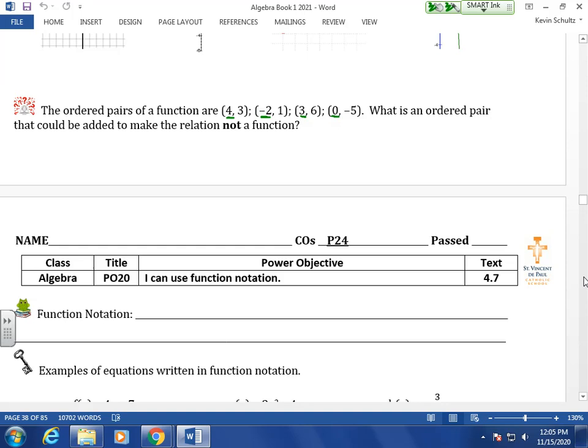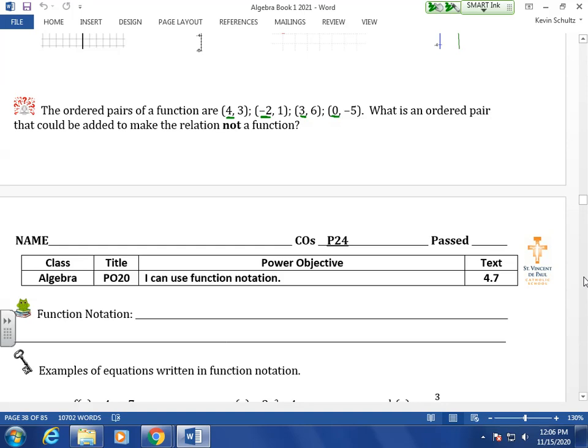Y can, and then we got into that great example of the birthdays, how we said that it's okay for different people to be born on the same day, okay, but it's not okay for the same person to be born on different days. Despite your objections, that's just not how it works, okay? So it's a function right now because x does not repeat itself.